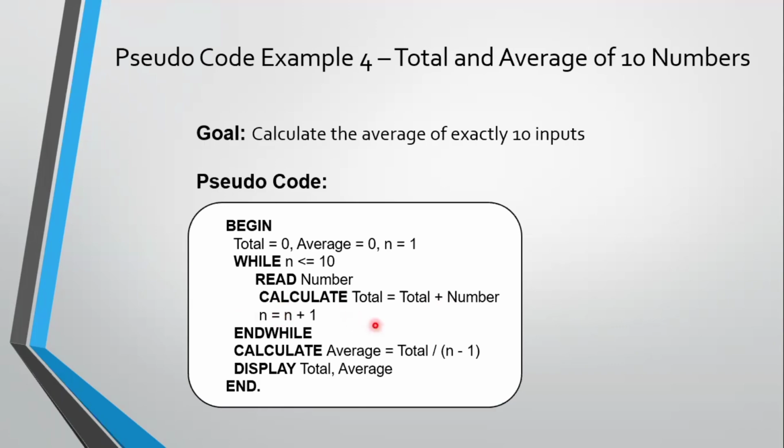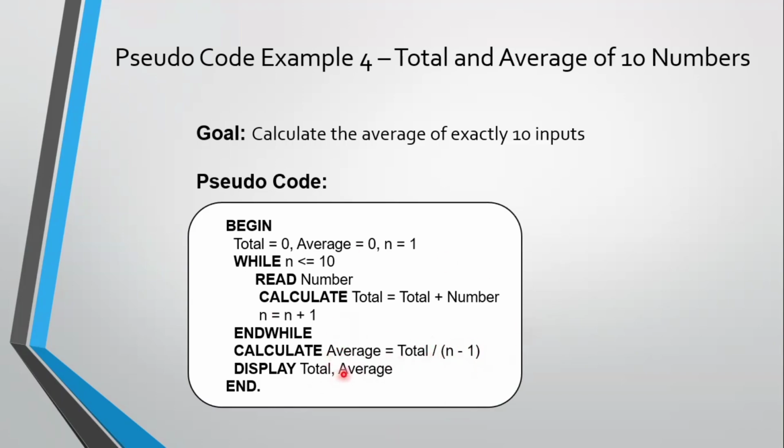Then we calculate the average by dividing total by n minus 1. We stopped the loop when n becomes 11. 11 is a false value, so we should reduce 1 from the current n value. N minus 1 equals 10. That is the value we consider for the loop.